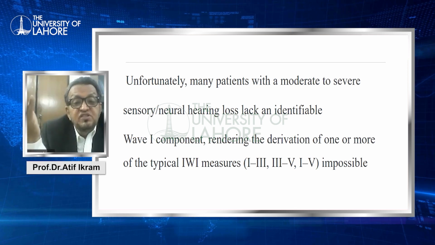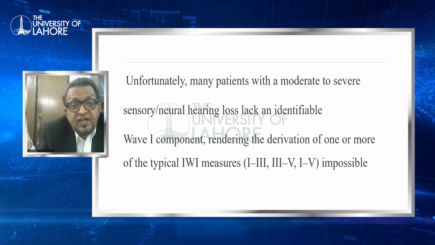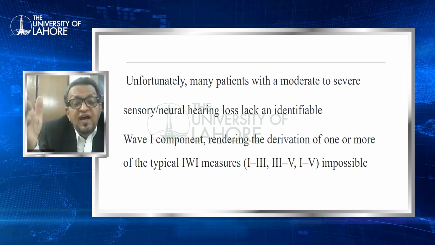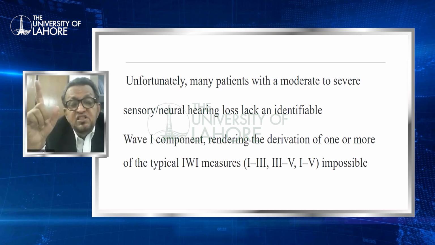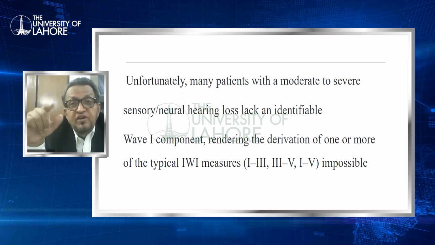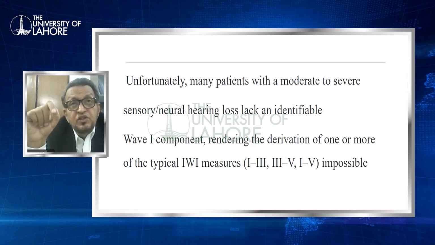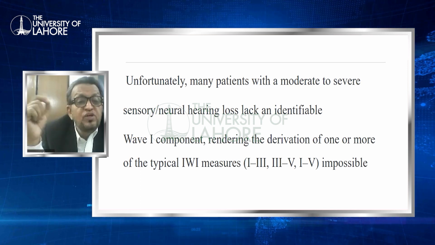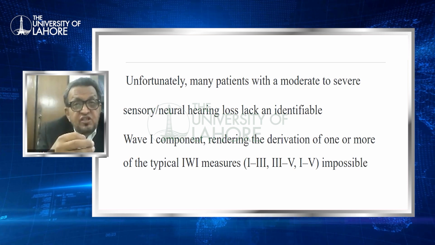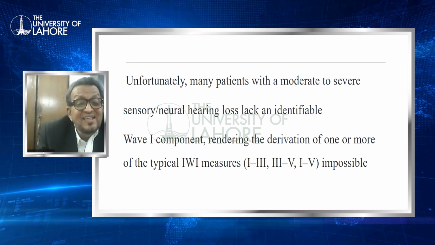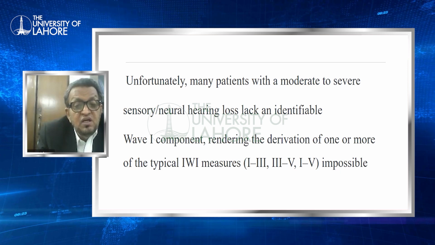If only wave 5 is identifiable and wave 1 is not, and we have to determine the 1 to 5 interwave latency difference, then you will have to rely on absolute latencies, which I've just told you at 80 dB NHL.